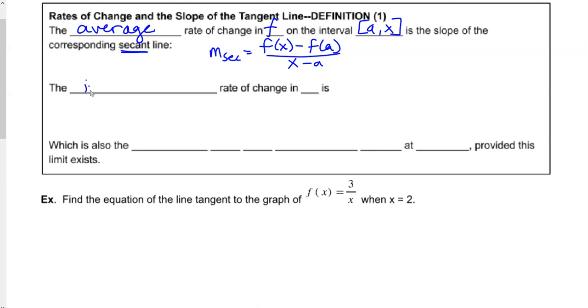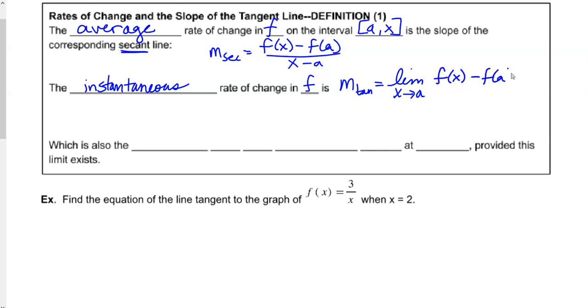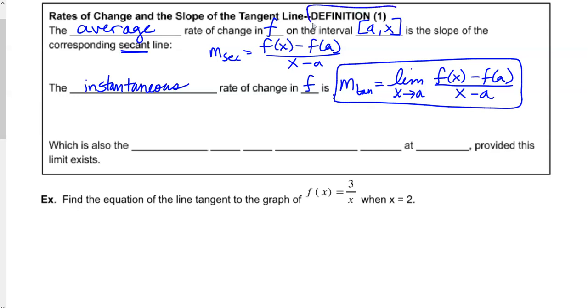Now, that's important because when we turn to the instantaneous rate of change in f, that is where we bring in the calculus, which is going to be m of tangent, because this is equivalent to the slope of our tangent line. Now we take the limit as x approaches a of this slope of our secant, f of x minus f of a all over x minus a. I'm going to ask that you star this because this is what they use in your book as definition number 1.